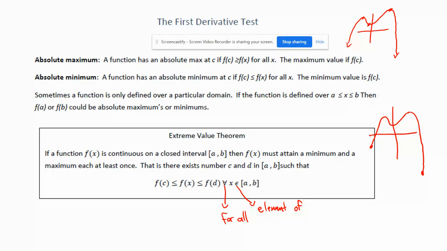So what it's saying is that our function f of x has a lowest value, f of c, and a maximum value of f of d. In this case, this y value here would be f of d, and this y value here would be my f of c for a graph that looks like this.